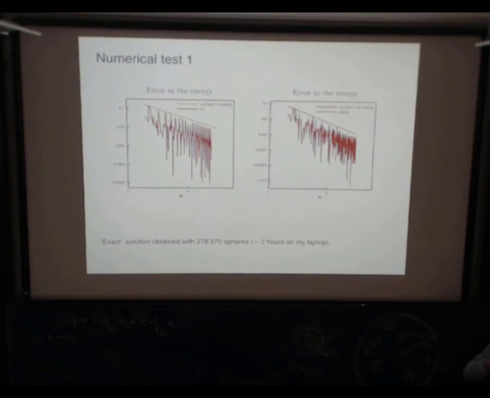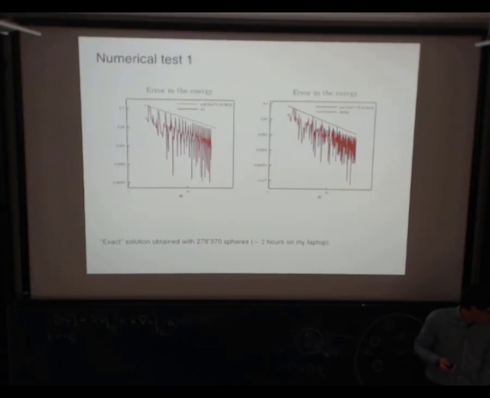To give you an idea of computing time, this took about 2 hours on this laptop. Then I traced the error in the energy, and with some good hope you see 1 over R convergence, this is 1 over R for definition 1, and 1 over R to the power 1.5, this line that can be compared.